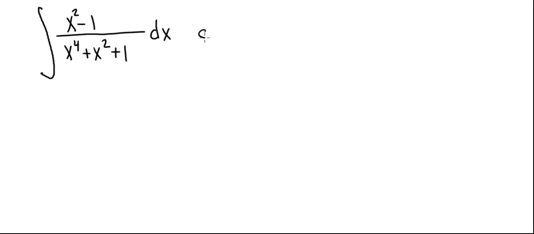And the trick is to divide everything in the numerator and in the denominator by x squared. So let's go ahead and do that. As long as we divide everything in the numerator by x squared, and everything in the denominator by x squared, the integral will stay the same.